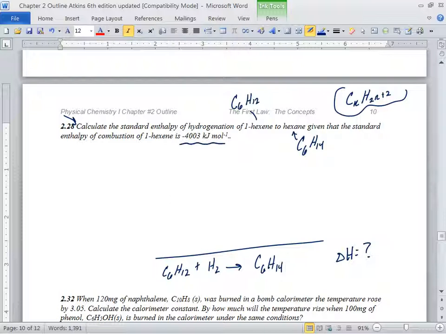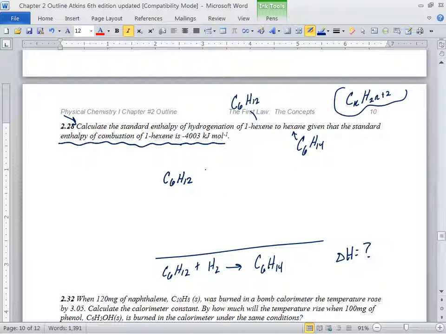How do you write this reaction? C6H12, O2 gas.